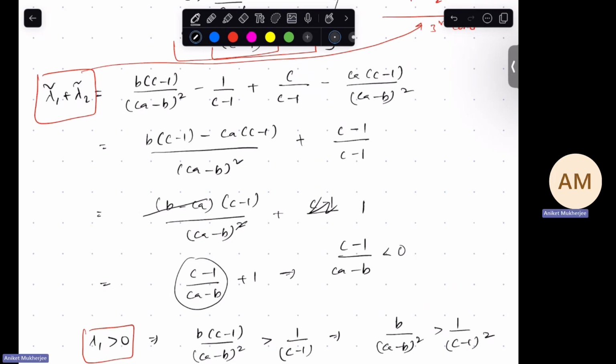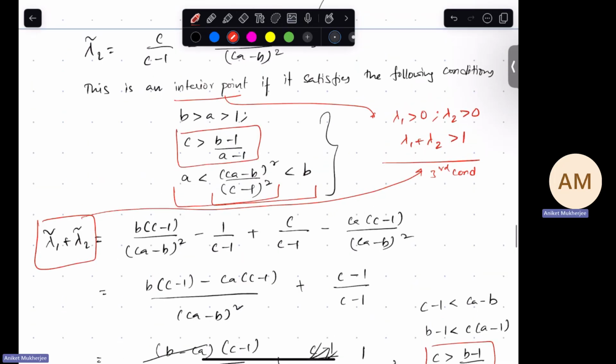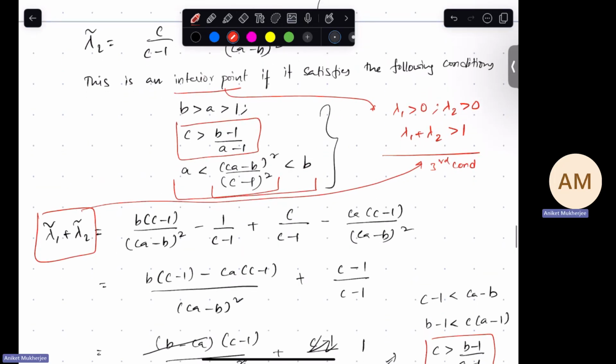If it is less than 0, then this implies C minus 1 is less than CA minus B, right? And you take B this side, B minus 1 less than or equal to C into A minus 1. So C is greater than B minus 1 by A minus 1. Yeah, this is what you get. Okay, so we have gotten this. And the last one, B is greater than A is greater than 1.